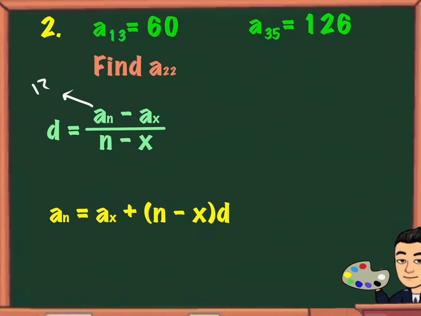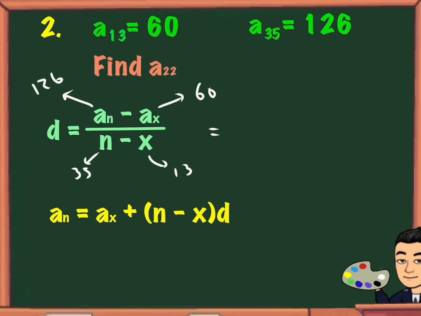For the a sub x, you put the earlier term, which is going to be a sub 13, which is 60. So n equals 35, and x equals 13.